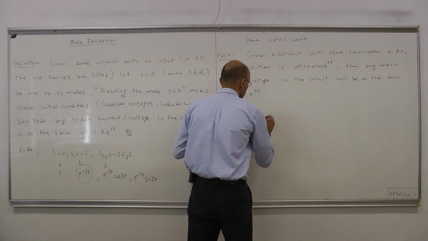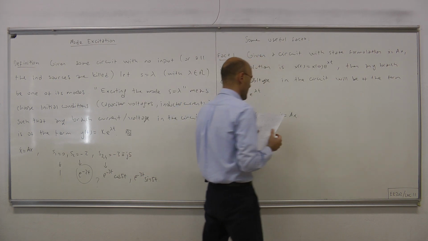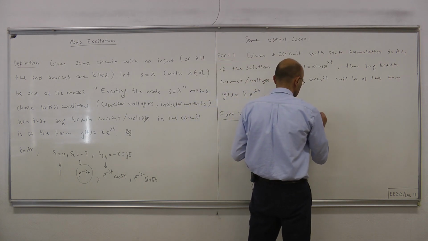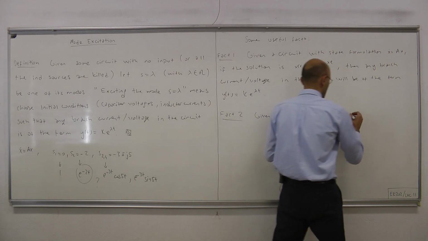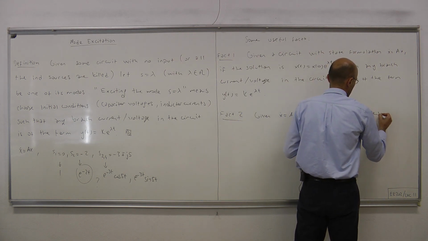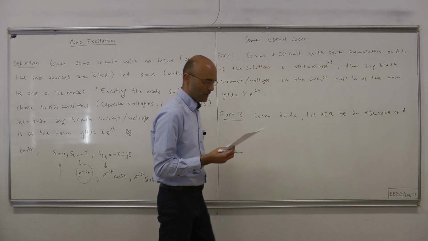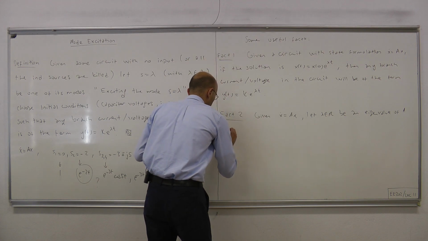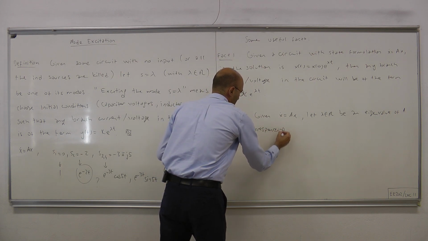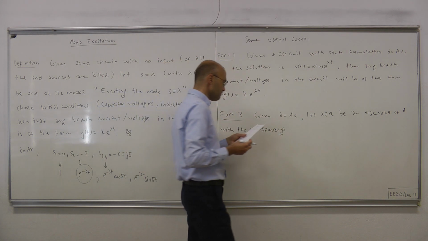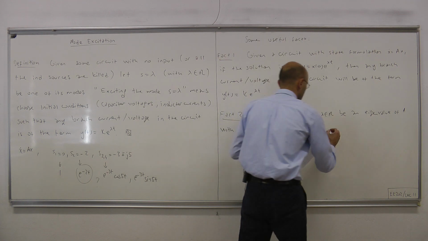Given x dot equals Ax, let lambda be a real eigenvalue of the A matrix with the corresponding eigenvector denoted by V.